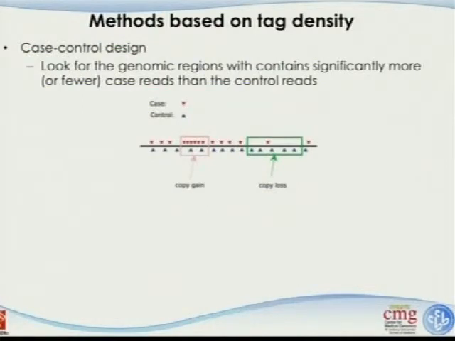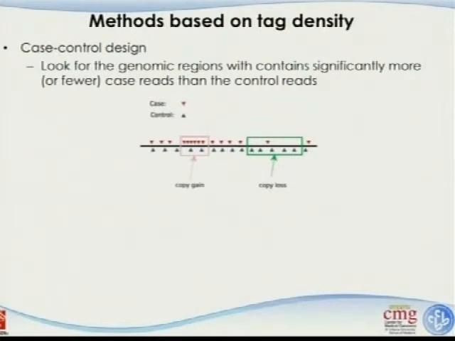But this is for using the depth of coverage. But here, for the case control designs, I can compare: the red ones are the case, the disease sample, and the blue ones are the controls. So I don't really need to worry about those mappability or GC content because they are going to be the same for these case and control groups.